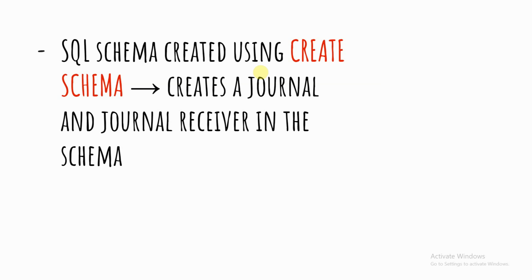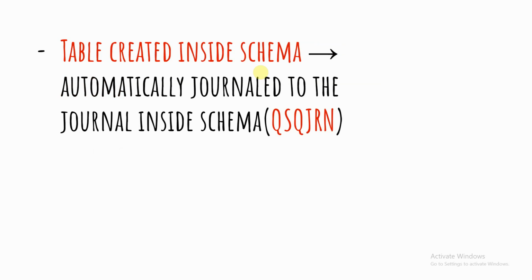It creates the journal and journal receiver objects in that schema, and by default, whenever you create any file or table, that table will automatically be journaled to QSQJRN. A table created inside a schema is automatically journaled to the journal inside the schema, QSQJRN. So this is a good functionality. We can use the schema concept whenever we don't want to handle the journaling ourselves and want it to be handled automatically.